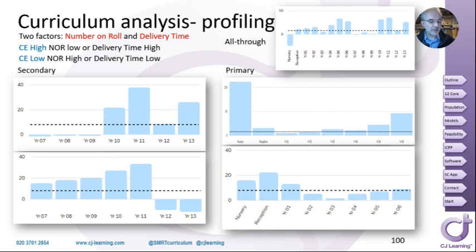So I've planned less curriculum for more students, or I've planned more curriculum for fewer students. So where these numbers are high, this primary one over here in year 6, it could be that I've simply got 2 classes, but they are not full, which means the enhancement is high. That might be similar here, where I've got lots of curriculum with smaller numbers in year 13 in this secondary school.